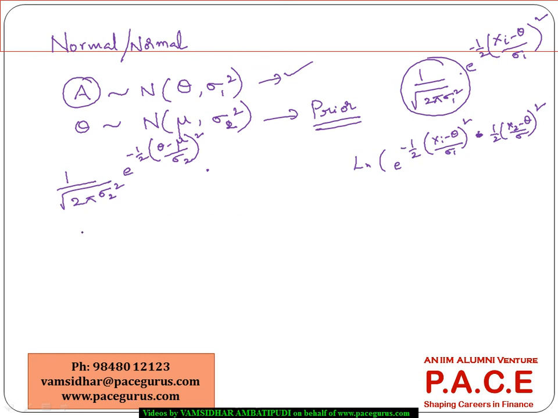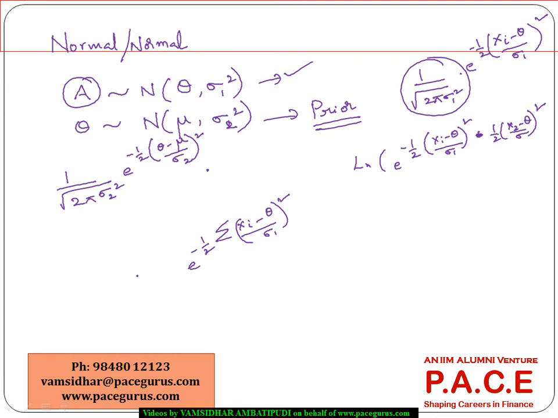If you are taking this as the likelihood, I can take the half out, which is working out to x i minus theta by sigma, summation of, so e to the power of minus half x i minus theta by sigma 1 whole square.